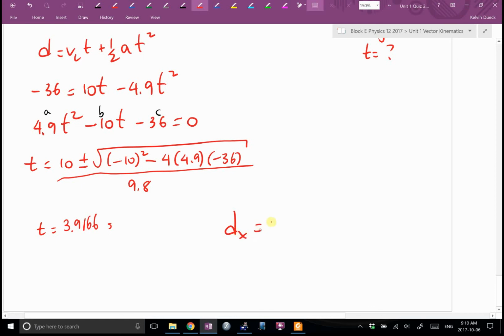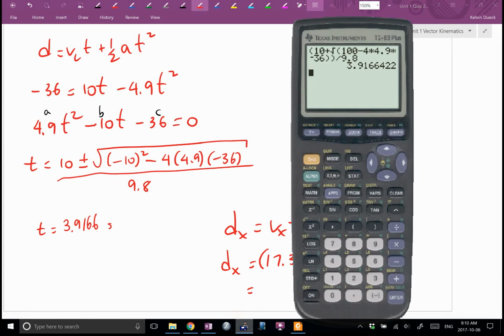The range is Vx times t. The range is going to be 17.3205 times 3.9166. Final answer.